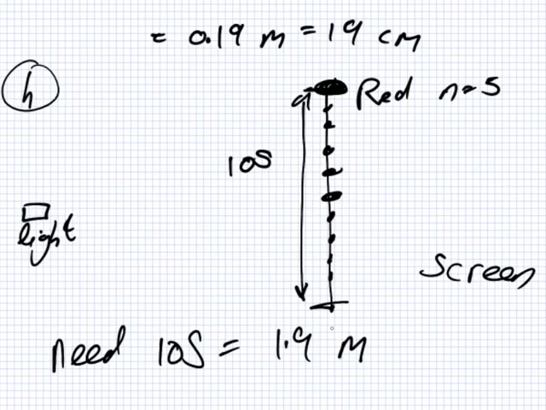So if your screen is 1.9 meters, it's big enough. You can see all the pattern. Isn't it 10? 1, 2, 3, 4, 5, 6, 7, 8, 9, 10.